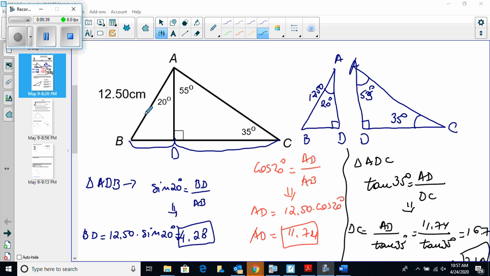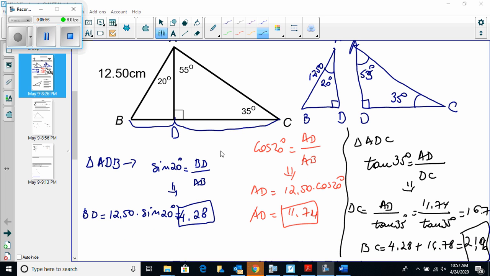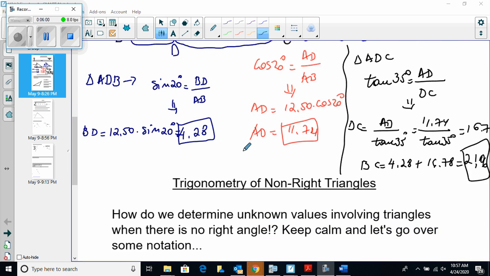This is 75, this is 35, and then this one here will be whatever is 180 minus 75 minus 35. So none of them is a right angle. Therefore, that makes the triangle ABC a non-right angle triangle.